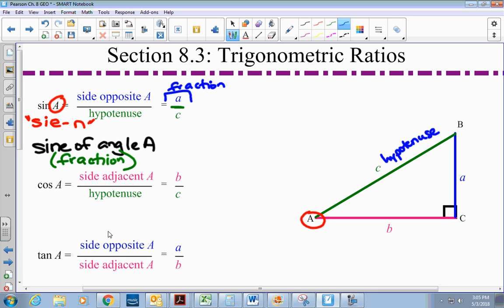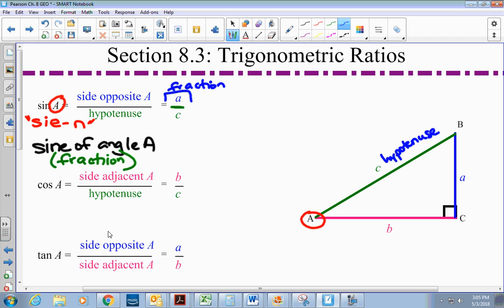There's three operations that we use for trigonometry, because how many sides of a triangle are there? Three. So 3 sides of a triangle, 3 trigonometry operations.